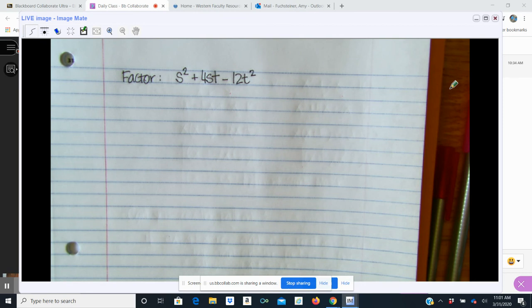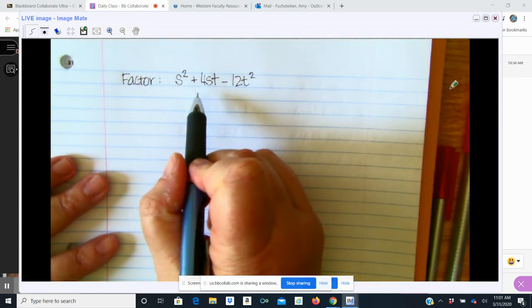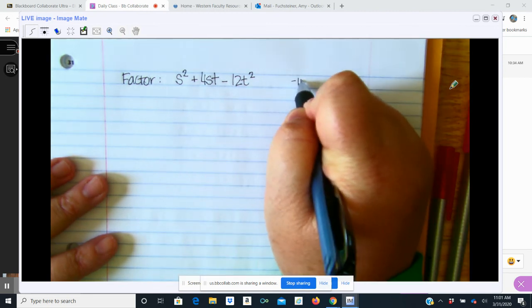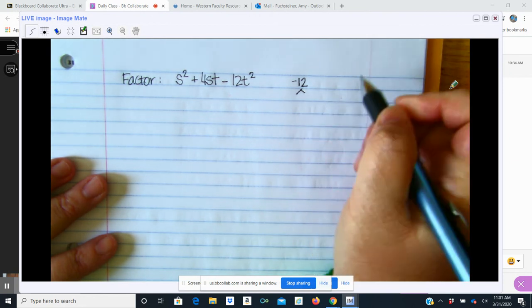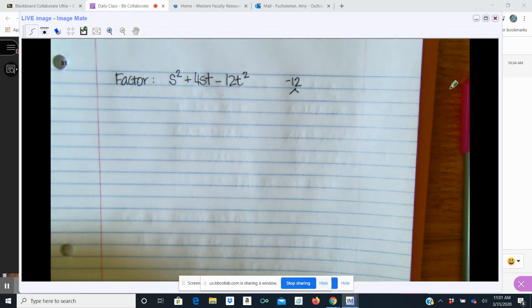Good, good, good. So this looks a lot harder, but it's really not. We want the numbers of negative 12 that when we add them, we will get a positive 4. So what two numbers, when we multiply them, will we get a negative 12, but when we add them, we'll get a positive 4.